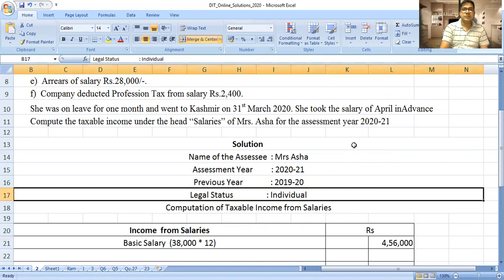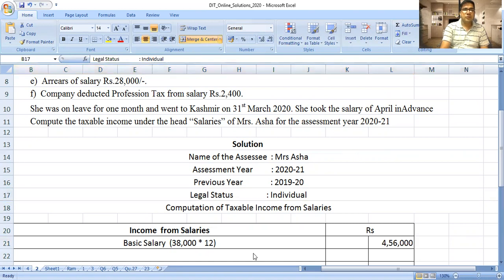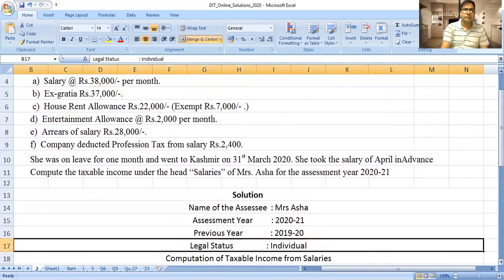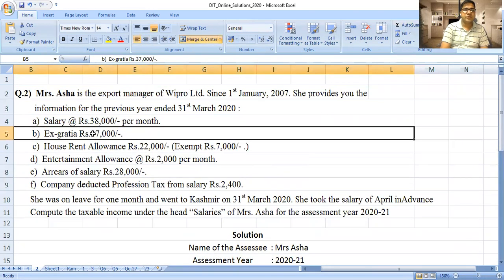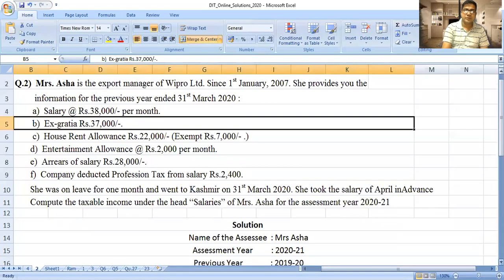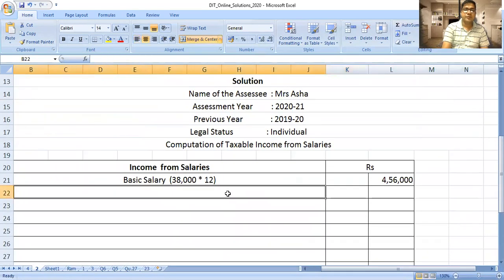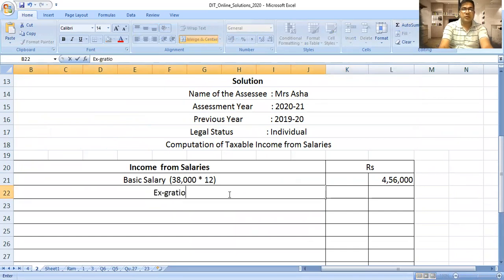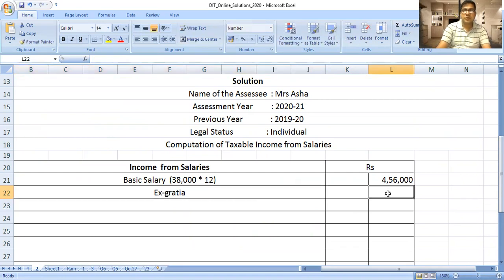After this, next income received by Mrs. Asha, that is ex gratia rupees 37,000. Ex gratia is always taxable, that we have discussed in our previous problem. Ex gratia value is 37,000.